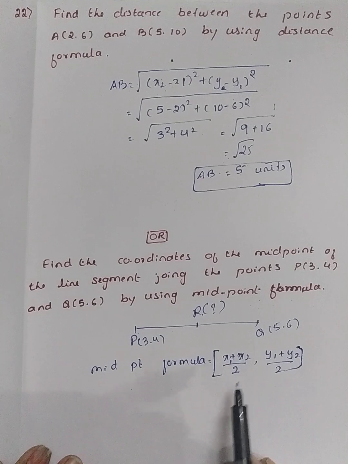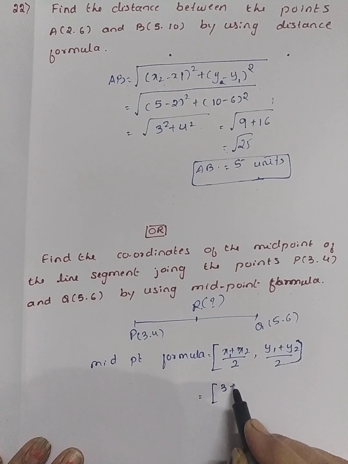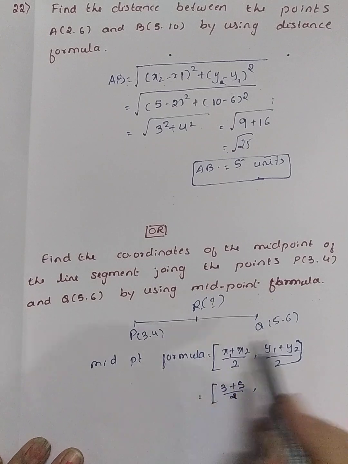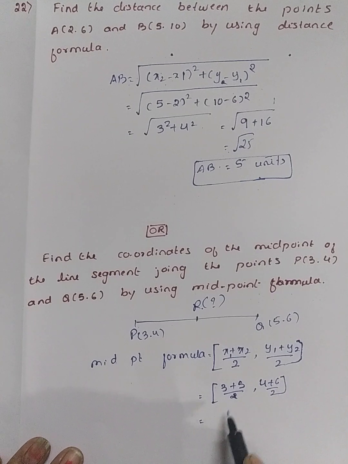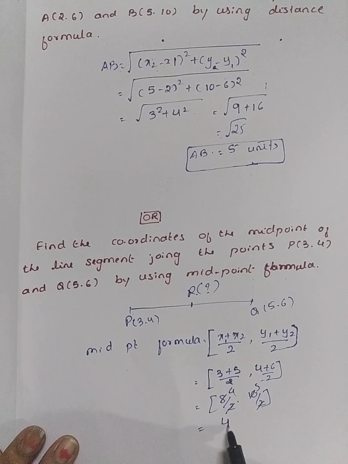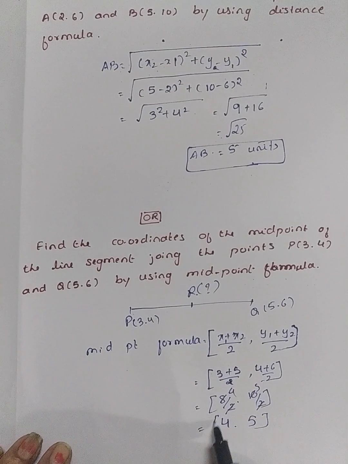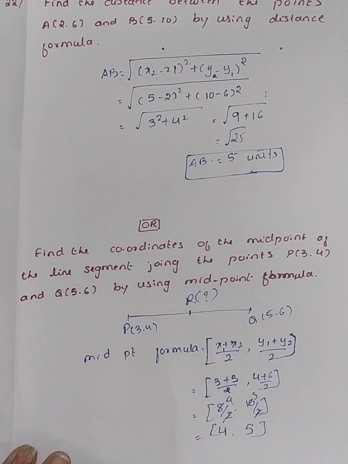So these are the coordinates formula. x1 is 3, plus 5, divided by 2, and 4 plus 6 by 2. That is 8 by 2 here, and this is 10 by 2. When we simplify, 2 4s are 8, 2 5s are 10. So that is 4 and 5, the coordinates of the midpoint R.